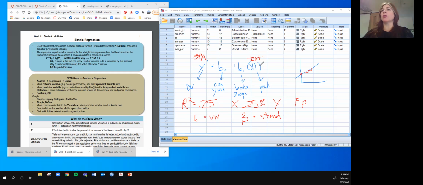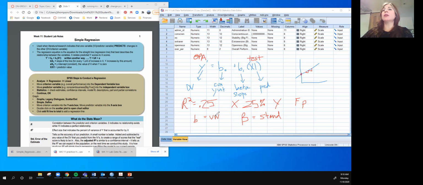So if this test was 1 to 100, it's going to be a weight that's appropriate to weight that score. But we standardize it, or SPSS will standardize it for us. And it looks more like a correlation coefficient, and I can use it to compare multiple variables. So these are the important statistics you need to know.